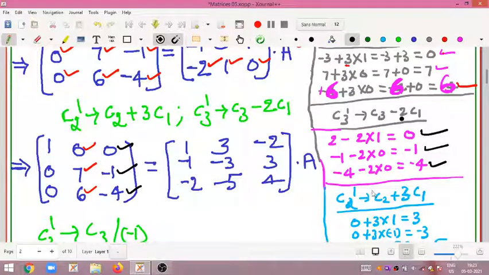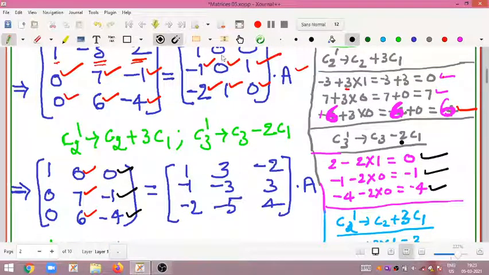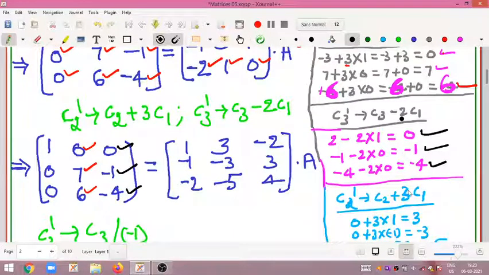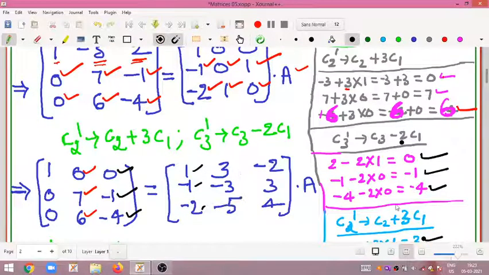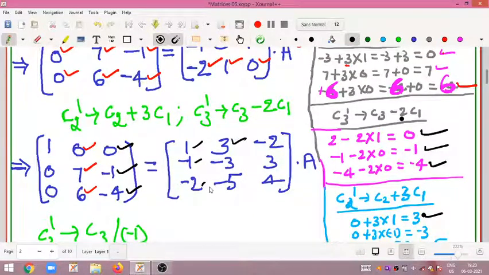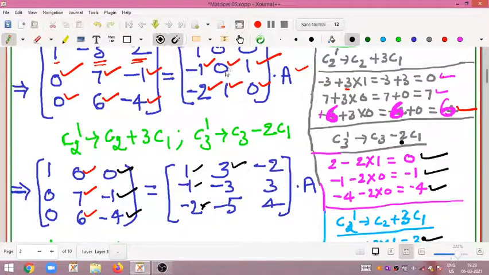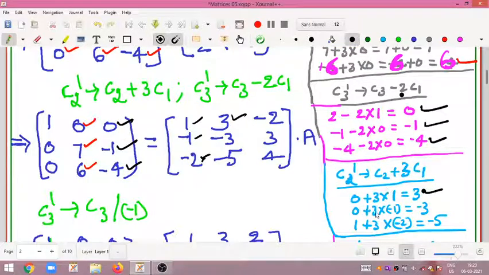So that is here C2 dash implies C2 plus 3C1. So here C2 element is 0 plus 3 into C1 element is 1. So that is 3 I wrote here. First column, write as it is, 1, now minus 1, minus 2. And the second column, see here, first element is what? 3. 3 I wrote here. Again, C2 element is 0, 0 plus 3 into C1 element is minus 1.